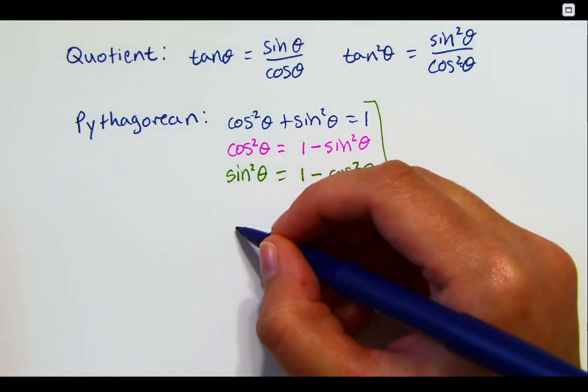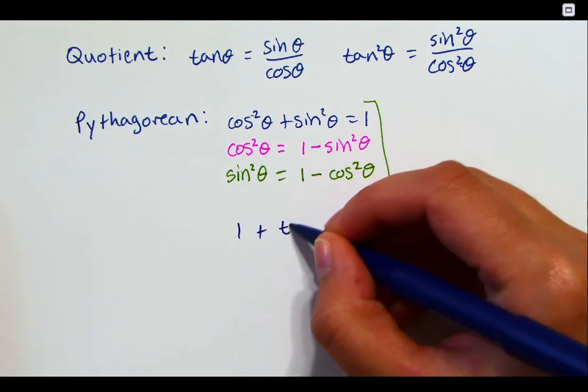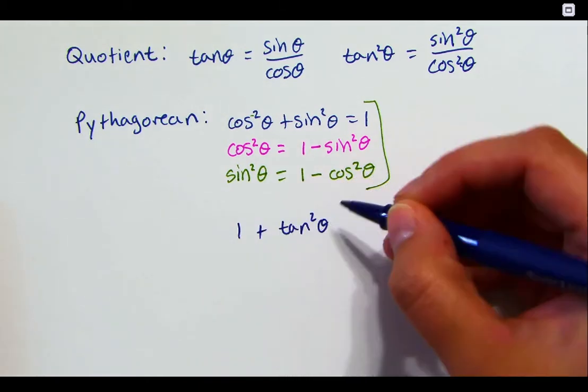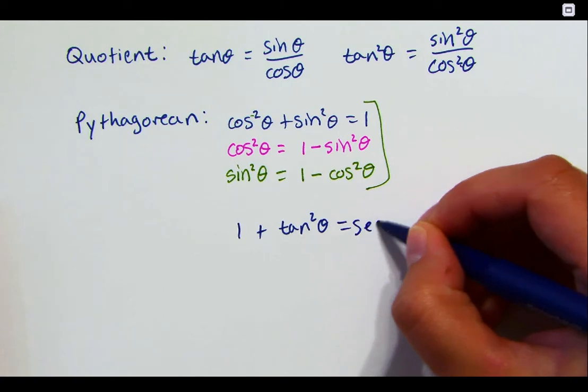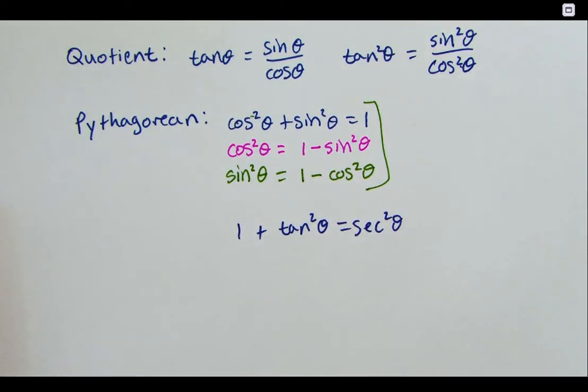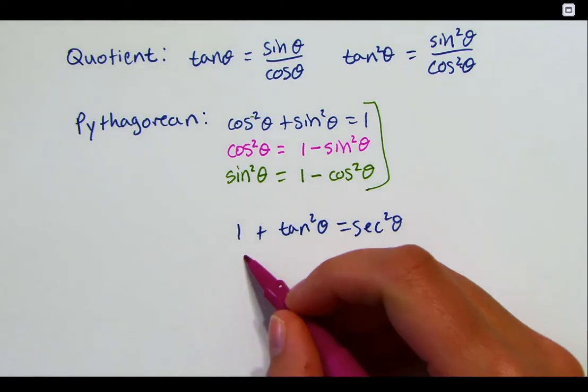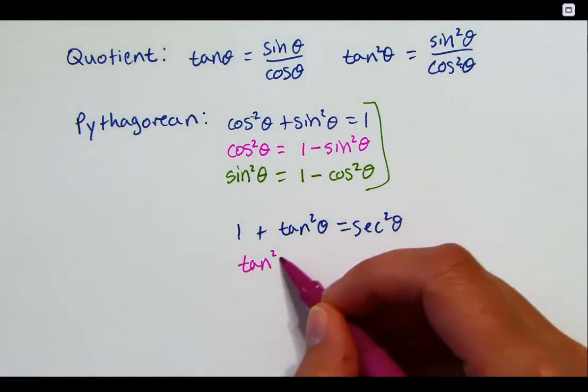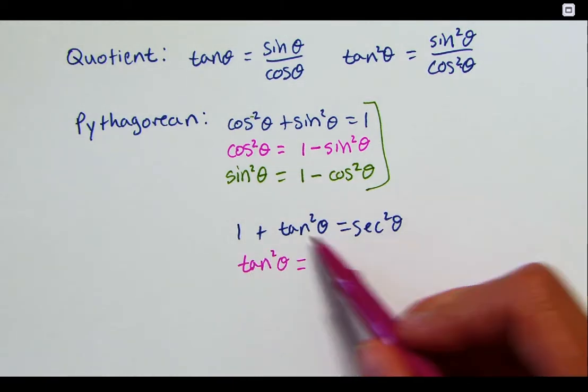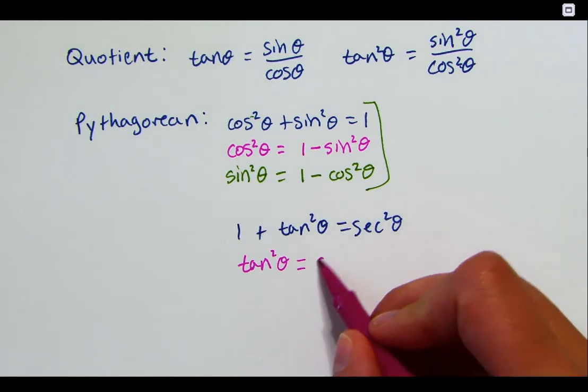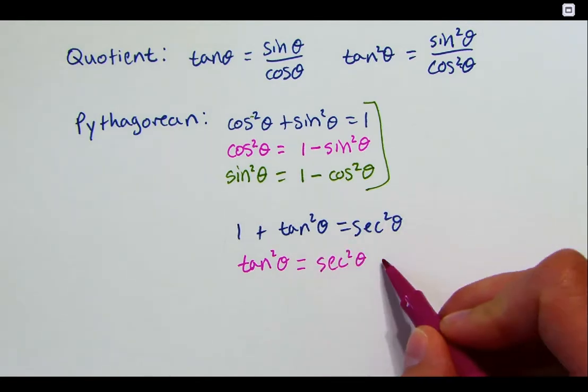So if I had that 1 plus tangent squared theta equals secant squared theta, again, I can rearrange this. So let's say that I wanted to solve for tangent, then I would subtract the 1 over. So that means that tangent squared theta is equal to secant squared theta and then minus 1.